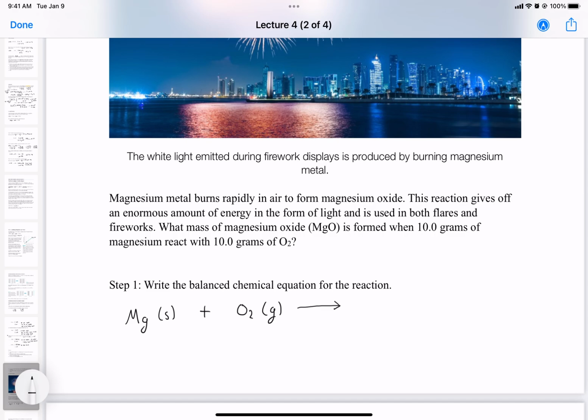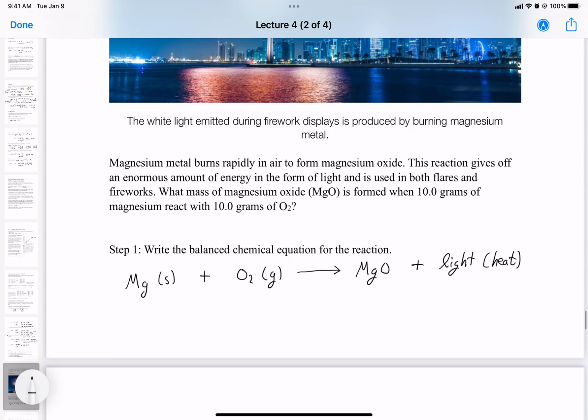Okay, so it forms magnesium oxide and gives off heat, or light, which is heat in our example. First things first, we have to balance the chemical reaction, and we notice there are not as many oxygen atoms on the product side, so we should balance the oxygen first.